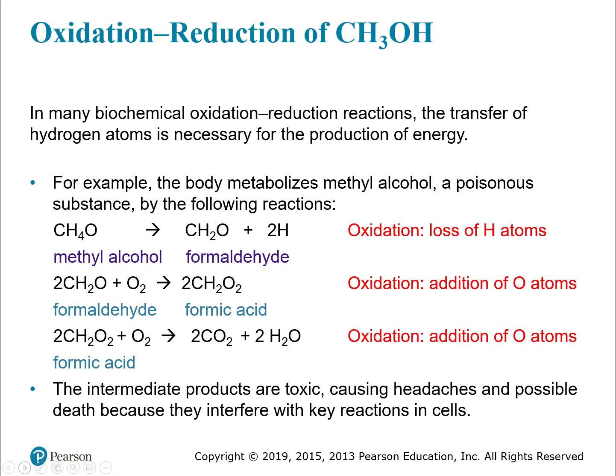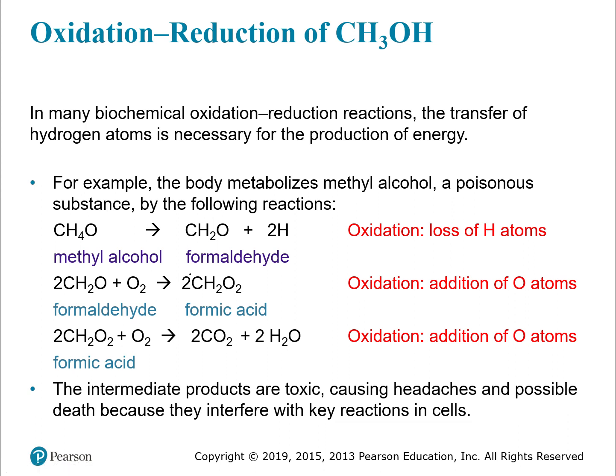There are more biochemical redox reactions that we could talk about. If you're metabolizing alcohol, so methyl alcohol is poisonous. Don't test that. It is poisonous. Your body can metabolize a little bit of it, but one of the reasons it's poisonous is because you're forming intermediates that are toxic to your body.